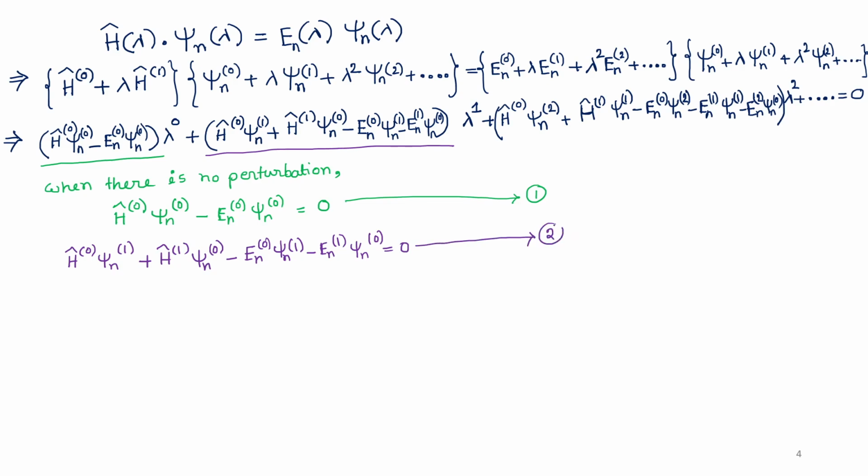So this is the second part. You can understand that this is going to help us in finding first order corrections. Why? See, in the equation we have psi n1 and en1, and the rest of the terms we know. So we can derive the first order correction from here.